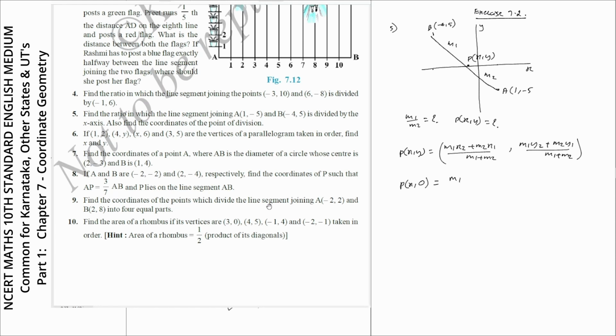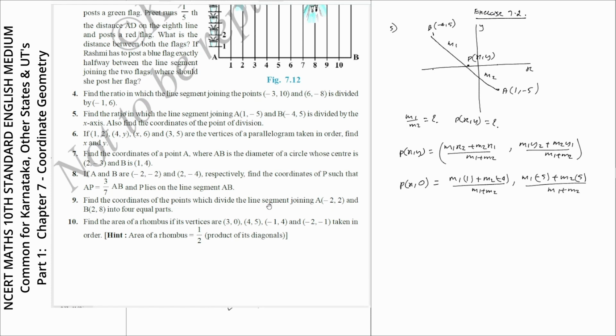Now m1 x2 is 1 plus m2 x1 is minus 4 by m1 plus m2 comma, then m1 y2 is minus 5 plus m2 y1 is plus 5 by m1 plus m2.